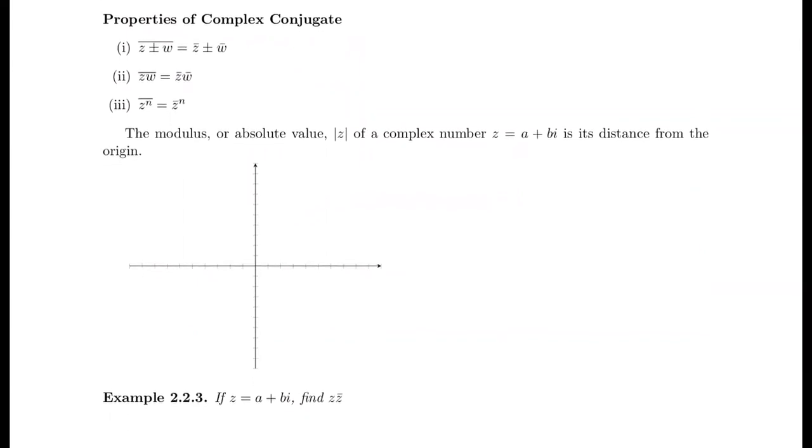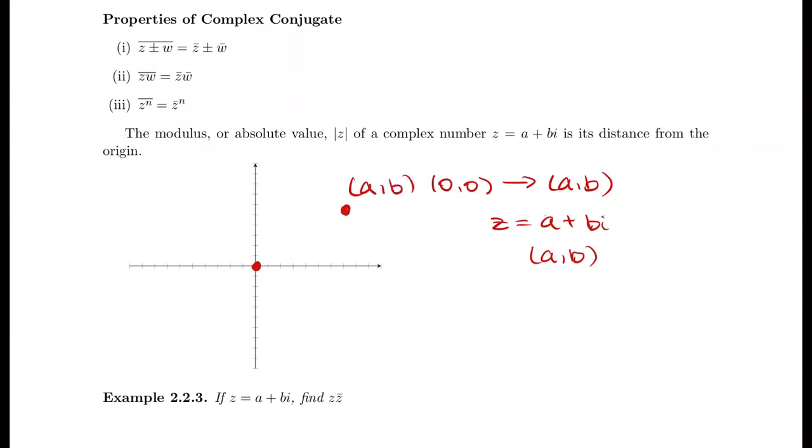So we're going from 0, 0 to the point a, b. So visually, say we have our origin here. Remember that the complex number is always going to be represented as an ordered pair. So a plus bi is also the same as the ordered pair a, b on the plane. So say we take a point here, that is going to be our a, b.